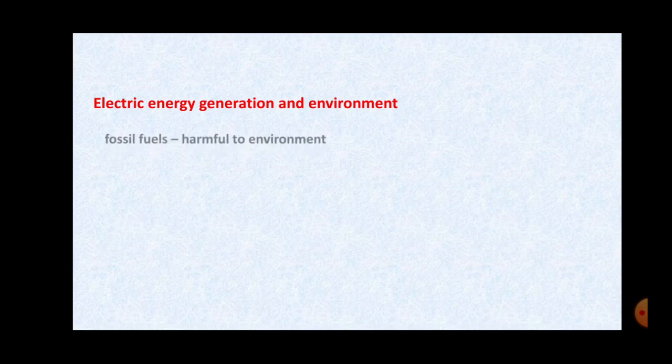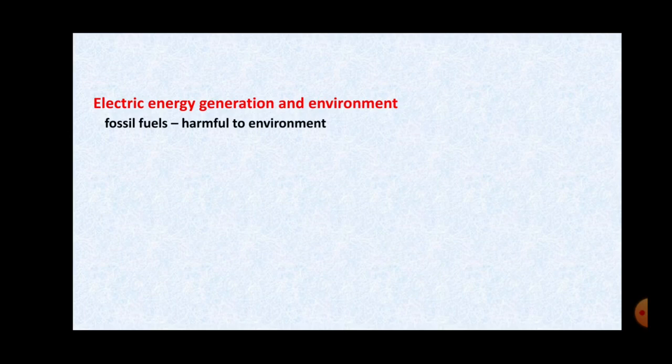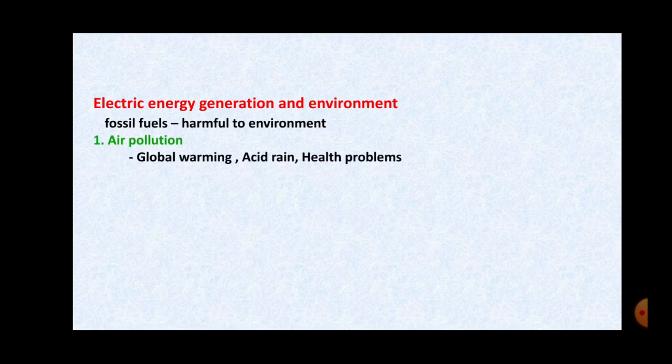Now let's see what are the harmful effects on the environment. Okay. The very first is air pollution. Now we had seen it in all the three power plants where the electricity is generated, whether the fuel used is coal or natural gas or nuclear energy, the air pollution takes place.